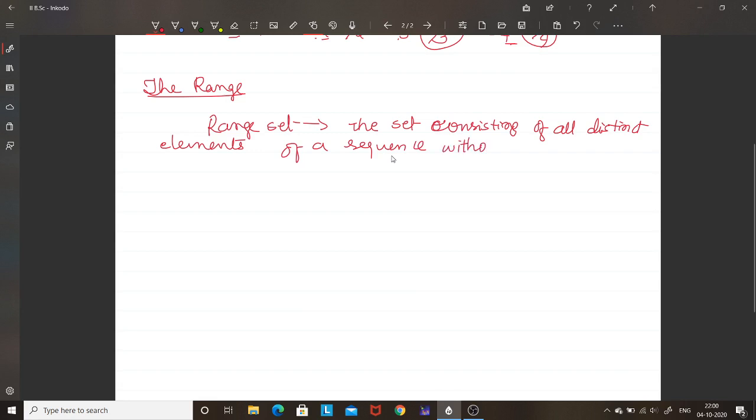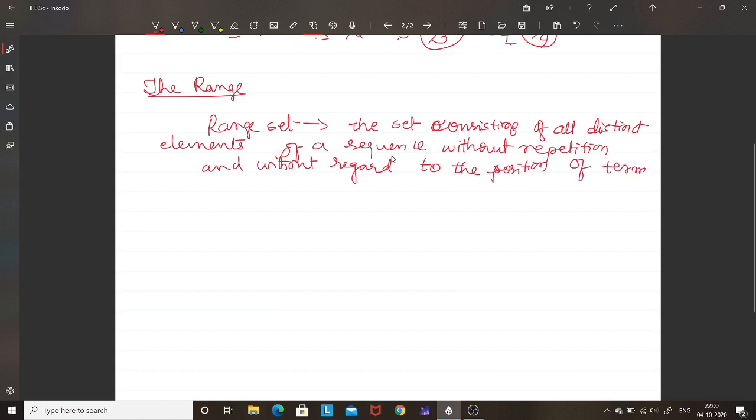We should not consider the repeated terms. If we have repeated terms, we should consider them only once, without repetition and without regard to the position of a term.